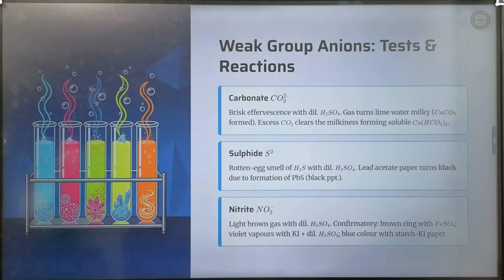So why is the brown ring actually formed? During this process, you have NO2 minus, which oxidizes to NO3 minus, and iron also gets oxidized, Fe2+ to Fe3+. This iron reacts with water present in the medium and forms a complex, the hexaaqua iron(II) sulfate complex.